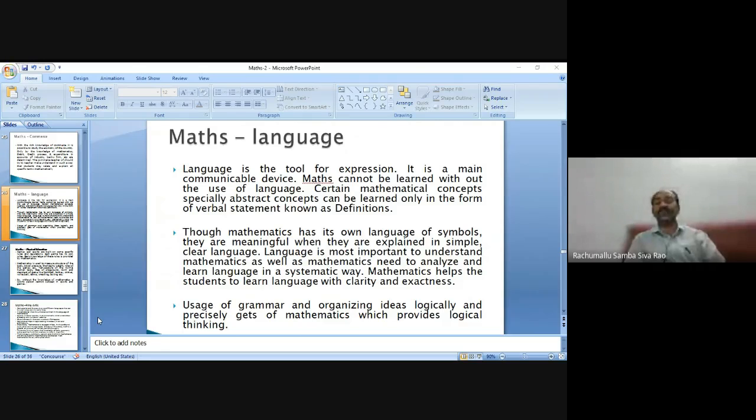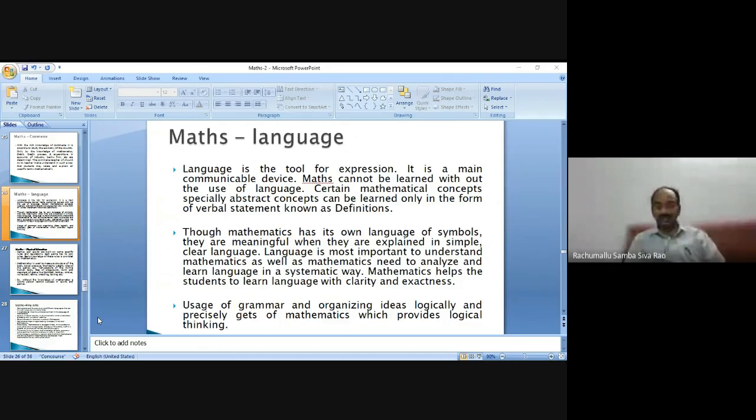The area of a rectangle A is equal to the length times the breadth of the rectangle. Likewise, we have to explain the formulas of mathematics with language. Language is a must for understanding any subject, particularly mathematics.